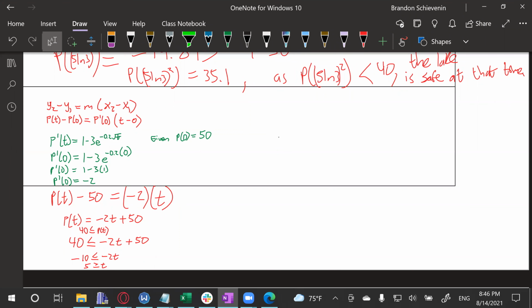The lake is predicted to be safe after day 5, according to our tangent line approximation.